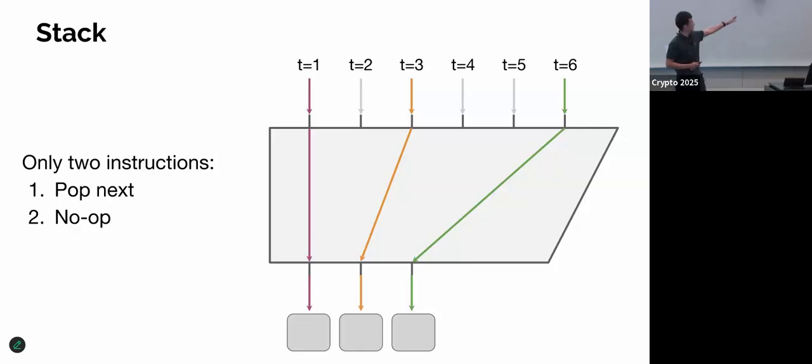Here, for simplicity, I assume all the accesses are write accesses, so we only need to pass the data downwards, but later in our construction, we can also pass the data backward. This seems to be simpler to implement than a full-fledged memory, but can we make it even simpler?